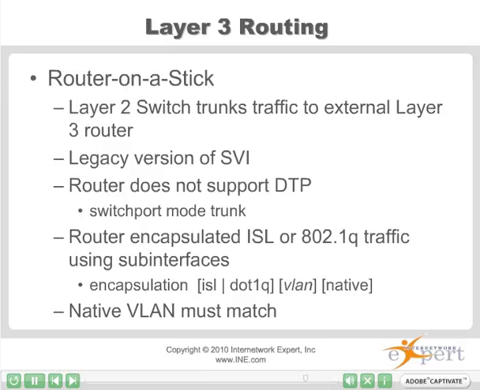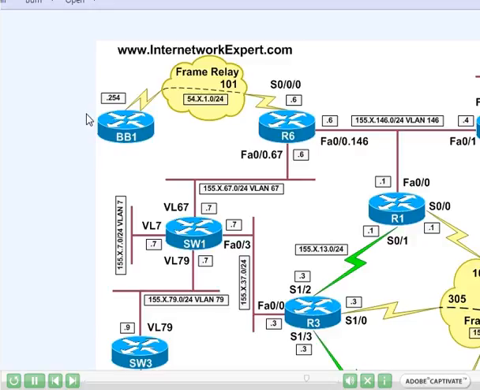The switch 1 to R6 area is VLAN 67, and that VLAN 67 involves nothing less than a router on a stick configuration.